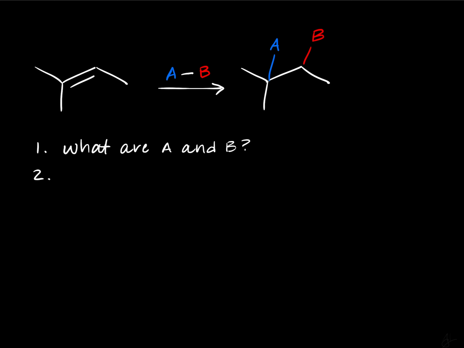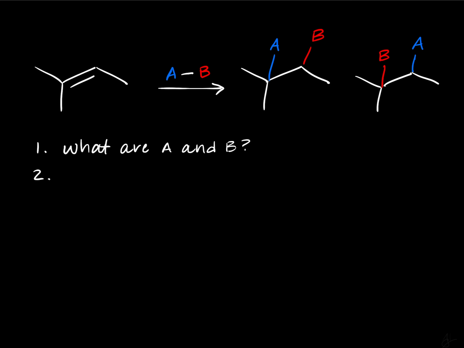But that's one of the questions we need to ask. The second question we need to ask is, well, where do A and B go? I know that A and B are going to go off of the carbons of my double bond, but in this case, I just chose to put A on the left carbon and B on the right carbon. I could have also chosen to put B on the left carbon and A on the right carbon, right?